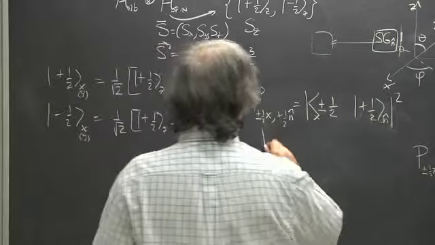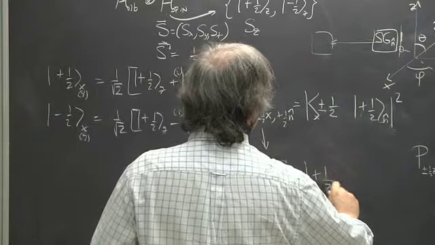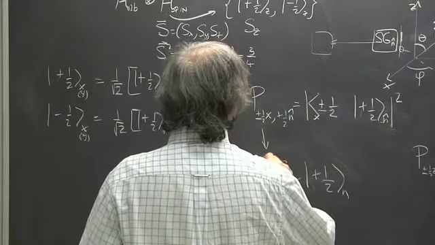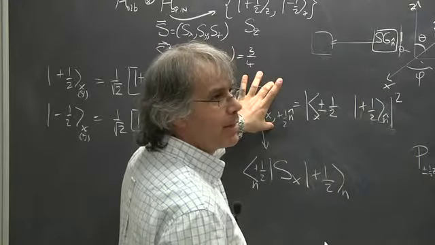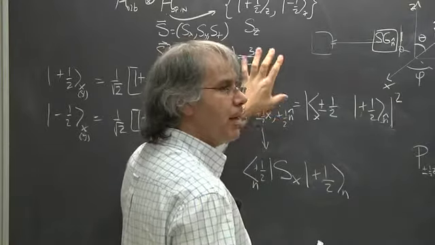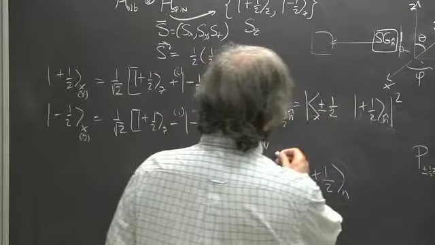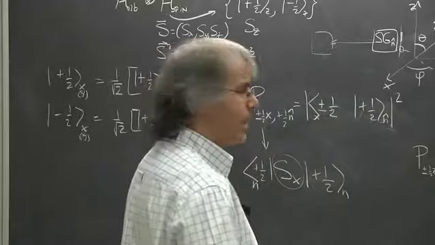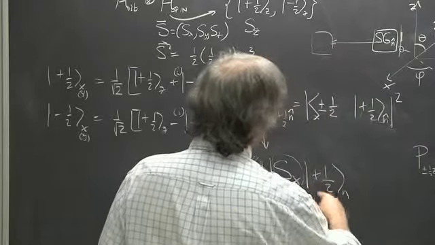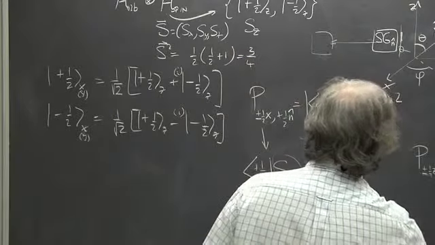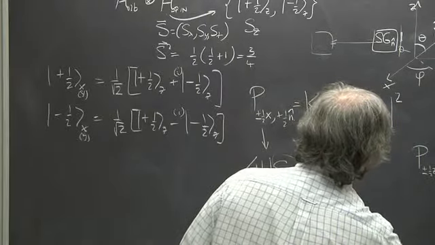Similarly, you can calculate the average of Sx now on the state plus 1/2 n. Again, either you use these results for the probability, and you sum 1/2 times a certain probability minus 1/2 times the other, or you just calculate directly. You know how this matrix is made. It's a matrix 1/2 times (0, 1; 1, 0). You know what this state is. It's a vector, for instance, cos theta over 2, sine theta over 2 e to the i phi.